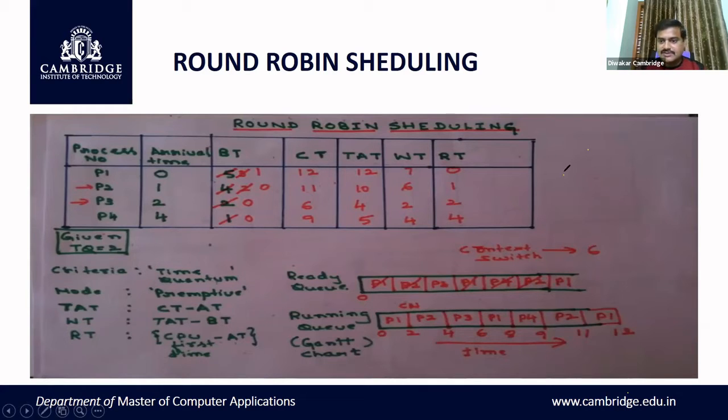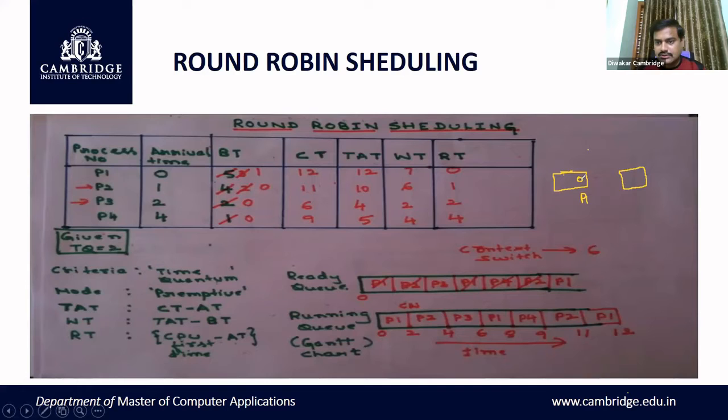See what happens in round robin scheduling. We have this ready queue, and think of this as the CPU. Here we have one process, the name of this process is P1.